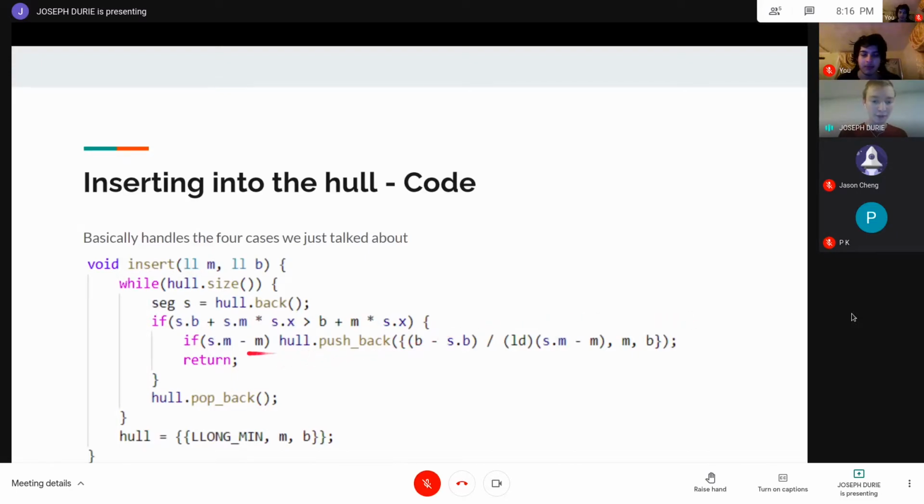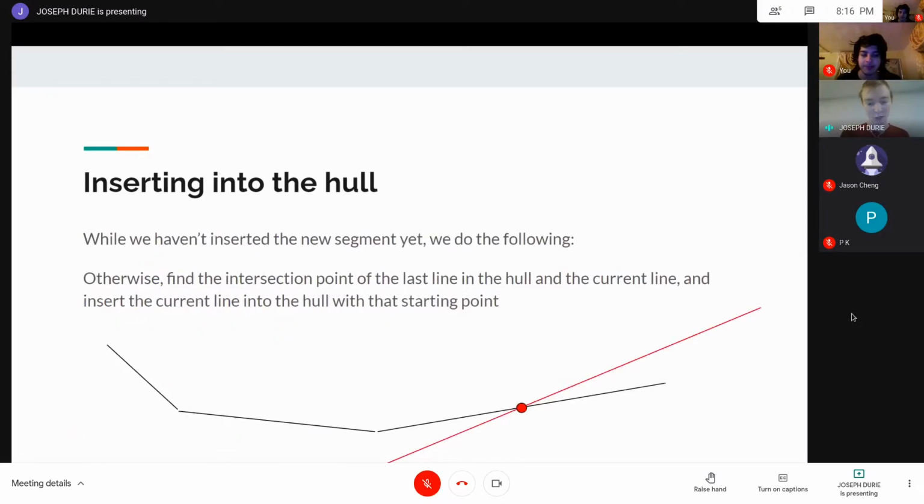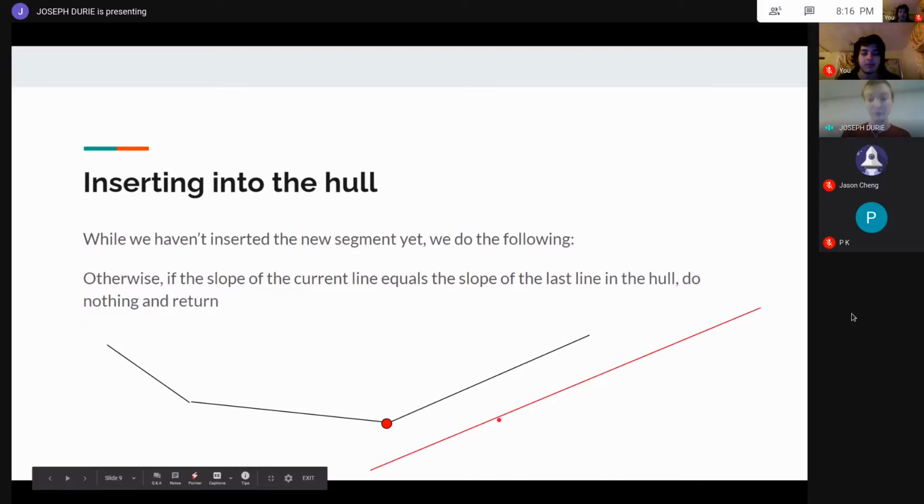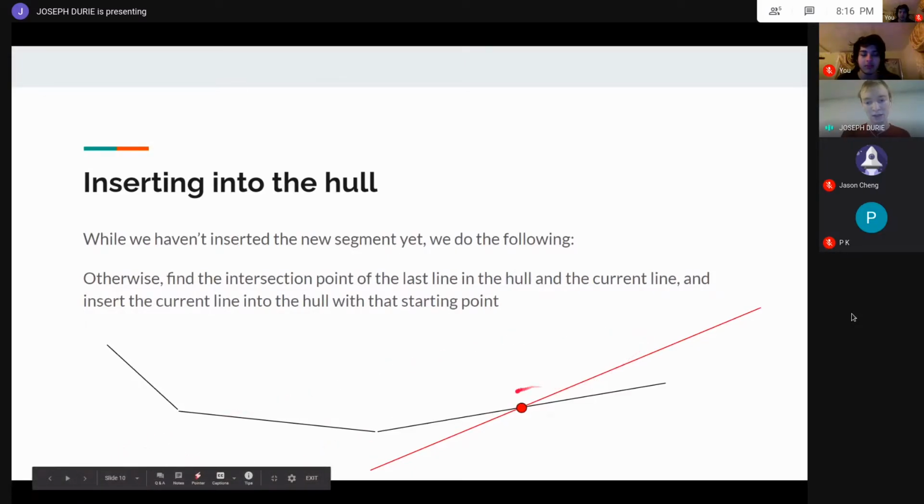And then once we're done with this, we just want to return, because we know we're in case 3 or case 4. When we're in case 3, we immediately return. When we're in case 4, once we find this point and insert this line, we're not going to continue because we don't need to know what happens with this segment. We found the stopping point, essentially.